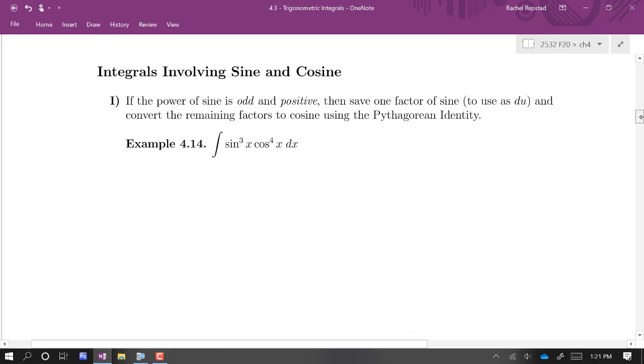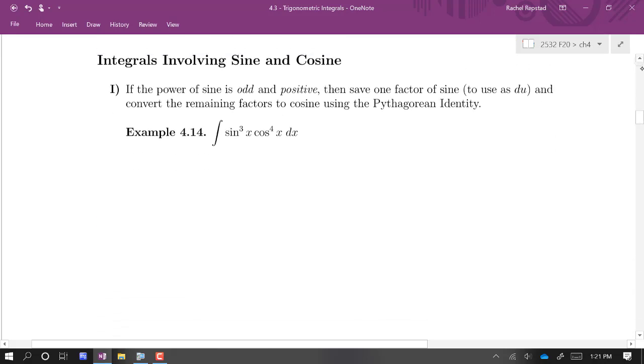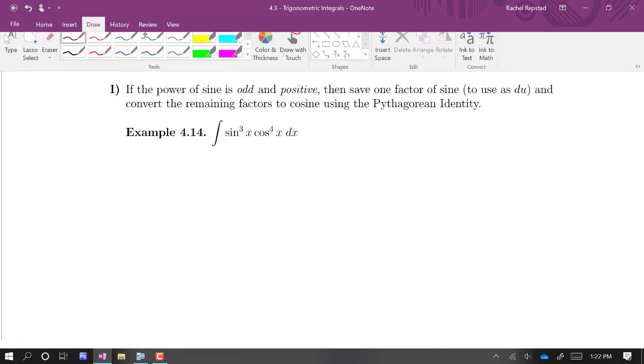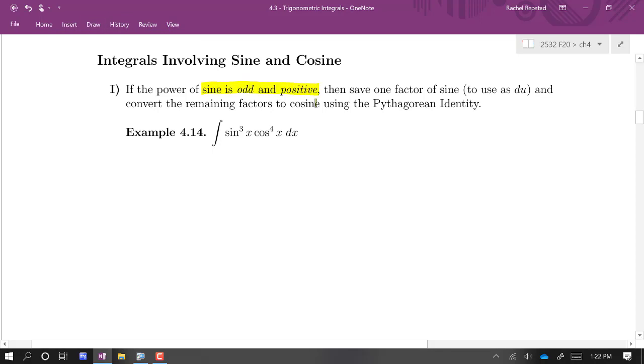So in this section, we've broken it up into different cases. We're going to start with the integrals involving powers of sines and cosines. There are three cases here, which we can really think of in terms of two cases. The first case is: what if the power on sine is odd and positive?